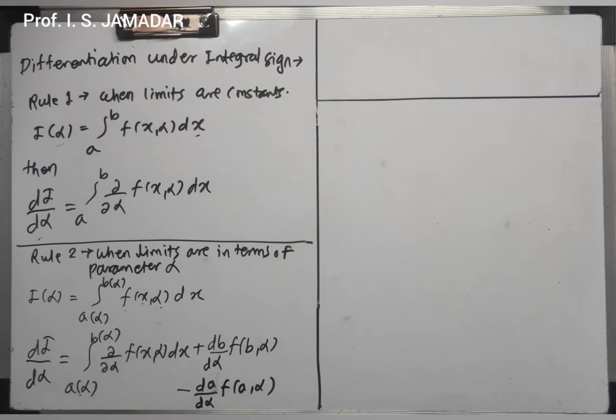So this will be the second rule of differentiation under integration sign, or how to take derivative of integration when limits are containing the parameter, and this is when limits are constant.